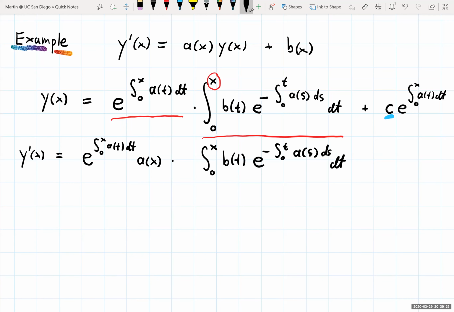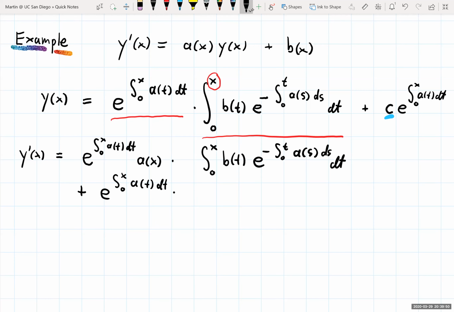Now, using the Leibniz rule, let's take the first factor, which this time does not change at all. We don't take the derivative of that guy. But we take the derivative of the second guy. Well, in fact, that's fairly simple.